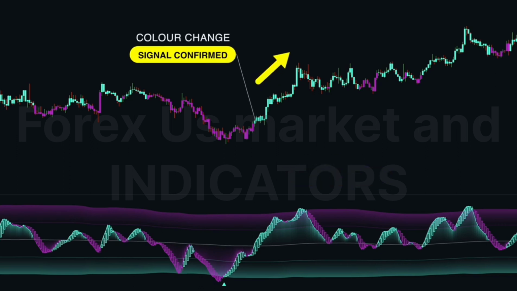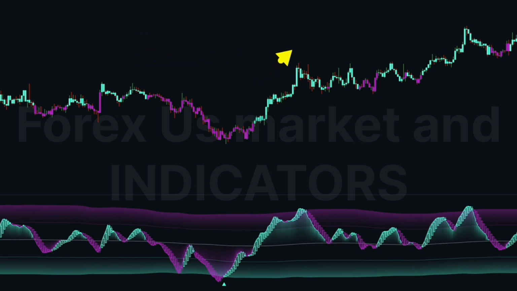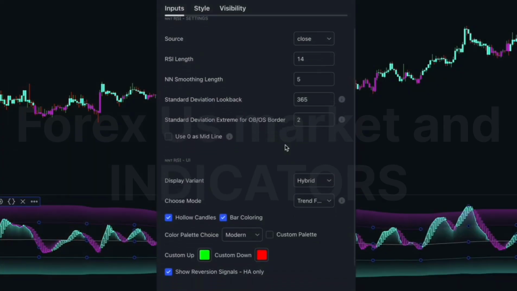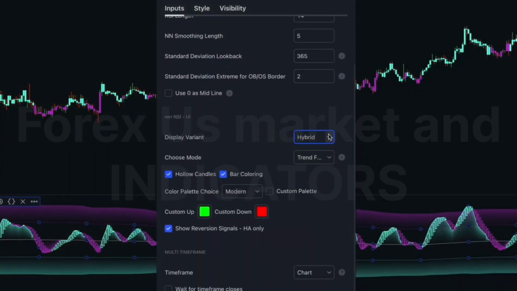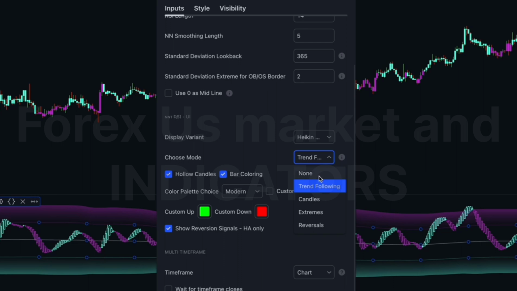The NNT RSI is particularly resistant to the usual market noise found in lower time frames, ensuring a clearer view of short-term trends. Furthermore, its diverse range of visualization options adds versatility, making it an ideal indicator for traders seeking to capitalize on short-duration market dynamics.